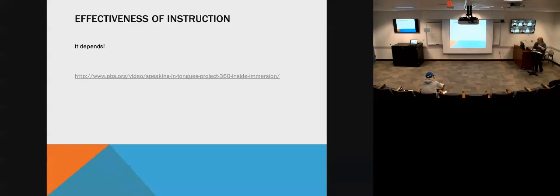Now, this one has got nothing to do with that. It's about children learning Chinese, which I thought was kind of awesome. It's in your book for this chapter. And it really shows the difference between being a child and being an adult, because this is an immersion school for little kids learning English and Chinese.